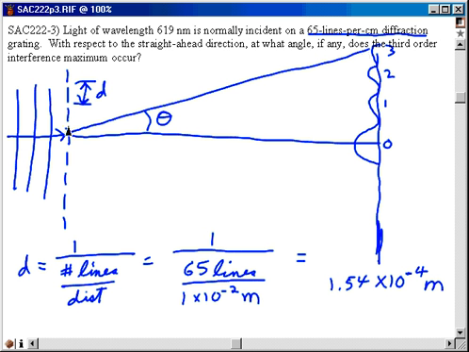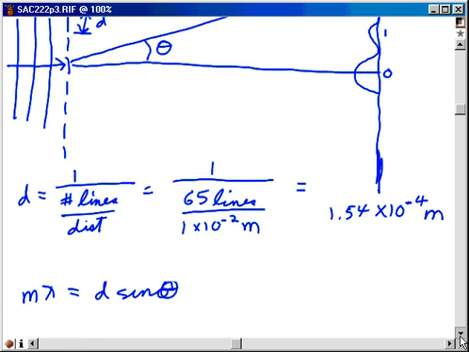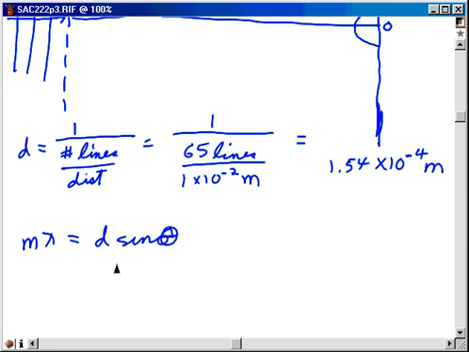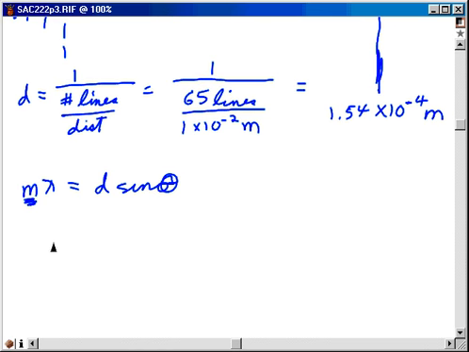Light, in one case, has to travel farther to get to the same point, and how much farther is what we call the path difference, and that's d times the sine of theta, if you work it out. And if that path difference is an integer number of wavelengths, then you get constructive interference. And in fact, we're asked about third order interference, so m is 3. The m represents the order of the interference.